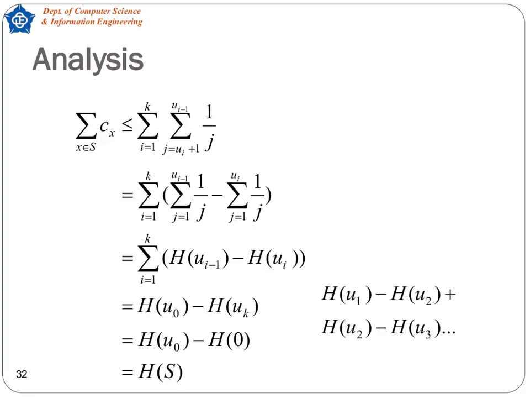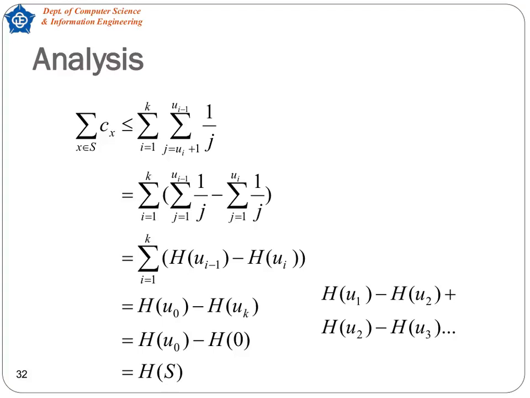Now, building on our previous telescoping insight, we bound the total cost over all elements x in S by writing it as a double sum of reciprocals. The sum over x in S of c_x is less than or equal to the sum from i equals 1 to k of the sum from j equals u_i plus 1 to u_{i-1} of 1 over j.